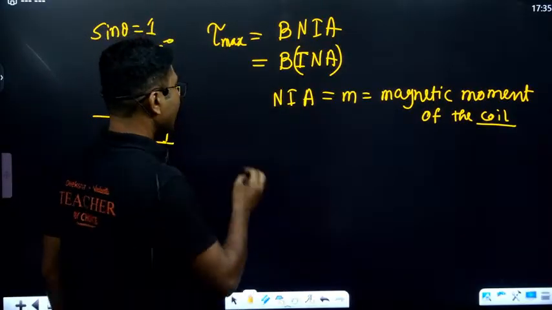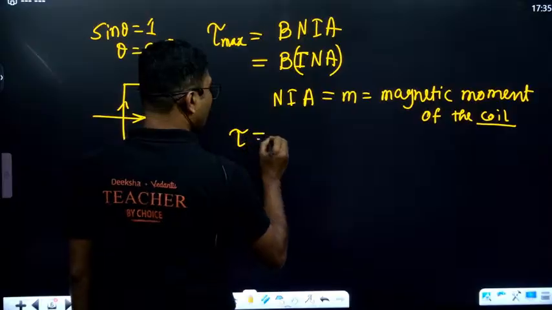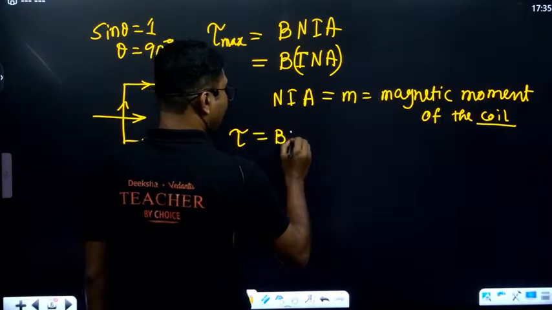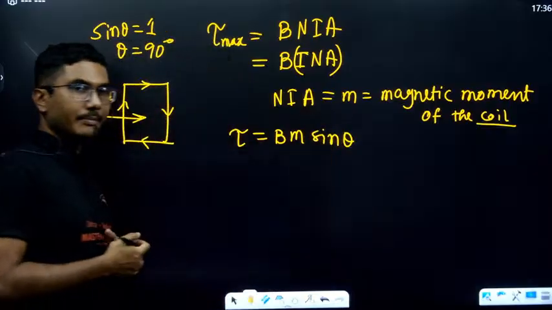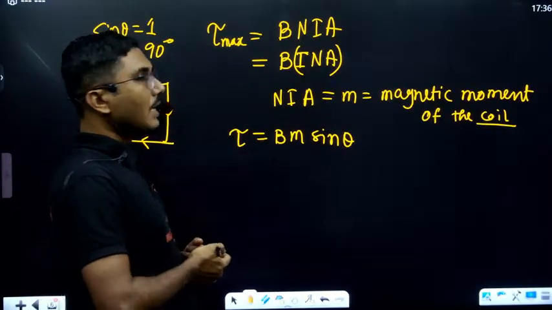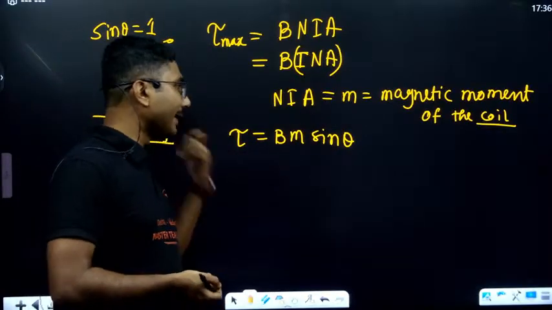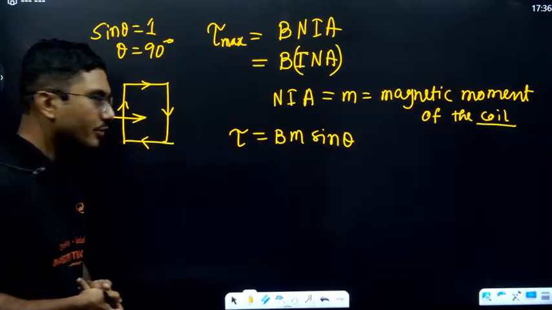So we can replace the torque as B m sine theta. This is the general form, right? Now torque is a vector quantity, magnetic moment is a vector quantity, B is also a vector quantity.